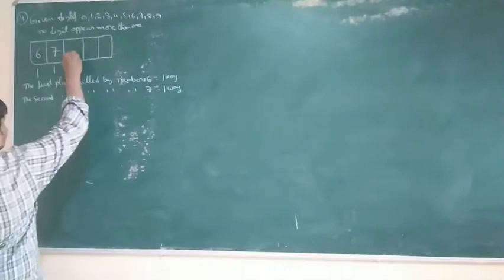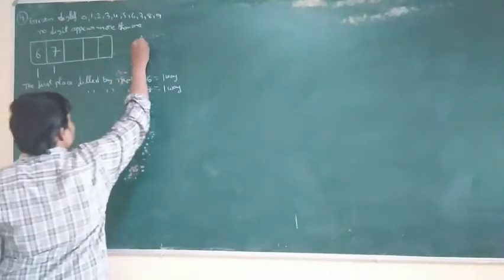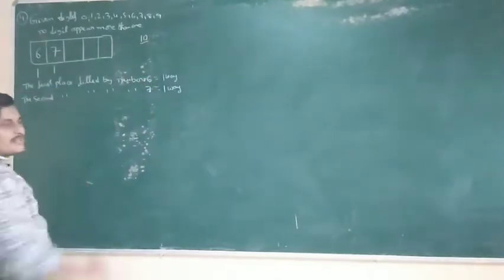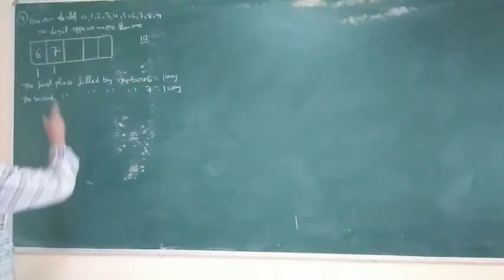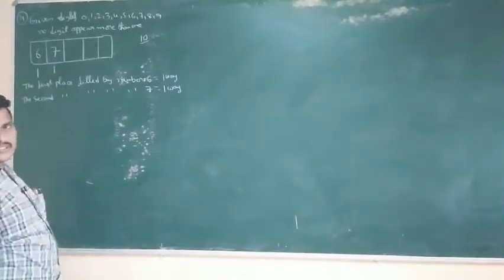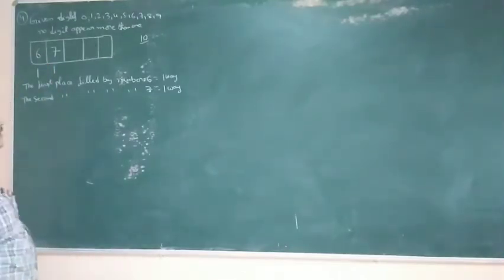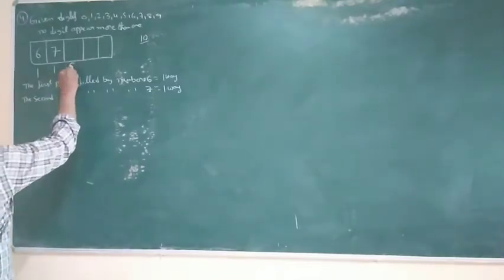So the third place is filled from a total of 10 numbers. In 10 numbers, repetition is not allowed, which means 6 is already used and 7 is also used. So how many numbers remain? 8 numbers remain.